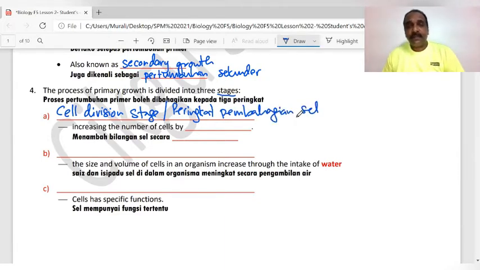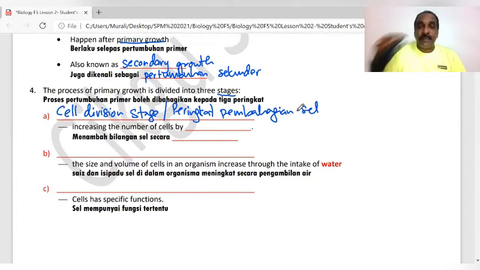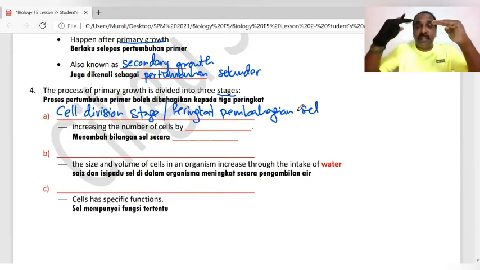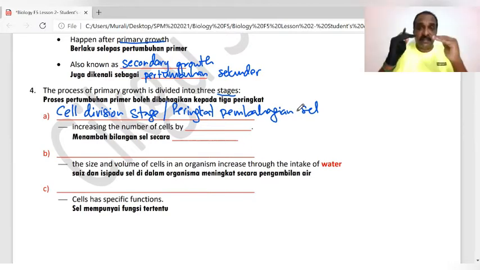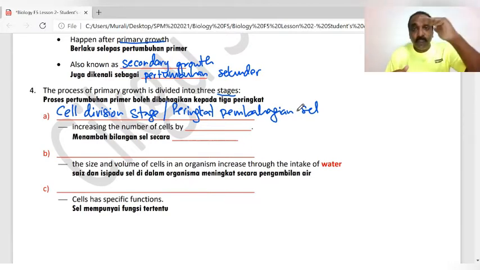sel. Cell division. Sel hanya fungsi kerja dia bagi, tolak sel yang lebih ke yang lebih tua ke arah bawah di pucuk, kalau akar ke arah atas. They keep on pushing the older cell below at the shoot, at the root, the older cell push it up so that they can keep growing. So cell division.